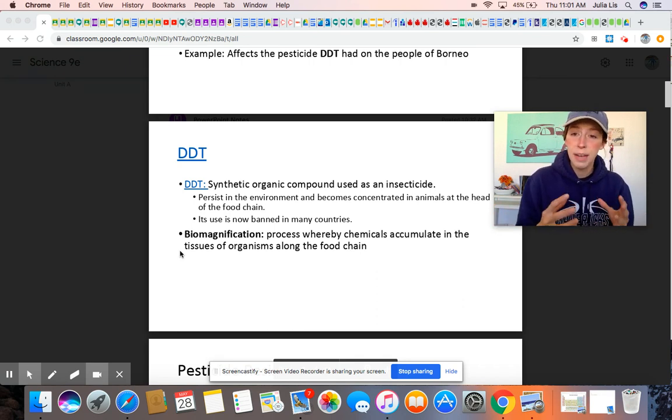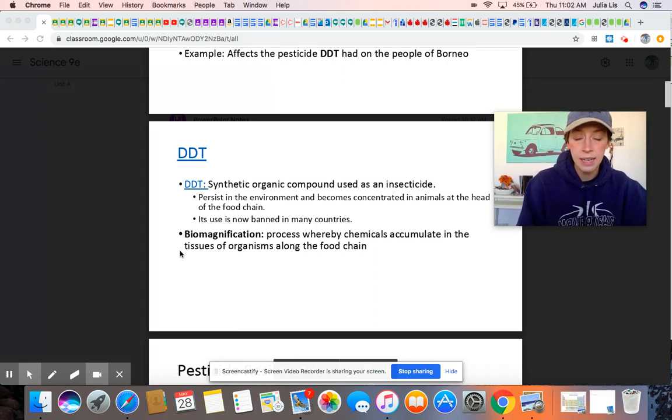So the amount of chemical starts to increase as we look at larger organisms, as we go up the food chain. And so now this fox is roaming around, and it has a lot of chemical, a lot of pesticide or DDT inside its body. It doesn't go anywhere. It's not able to break it down.